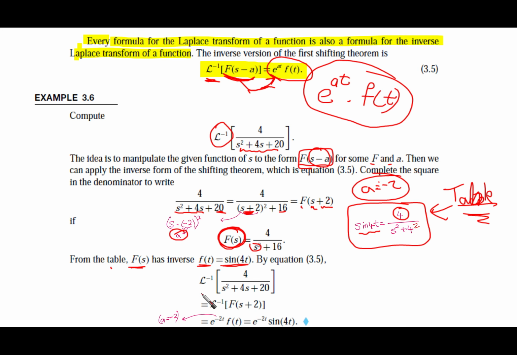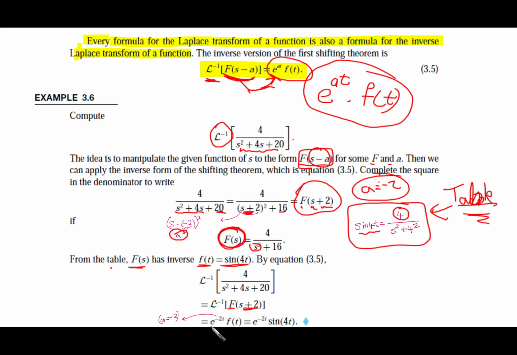Then the inverse transform of the original function, 4 over s squared plus 4s plus 20, we have proved equals the Laplace transform at s plus 2. So it will be the inverse Laplace transform of F of s plus 2.